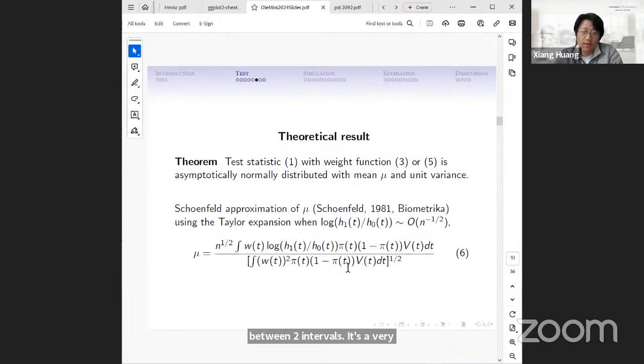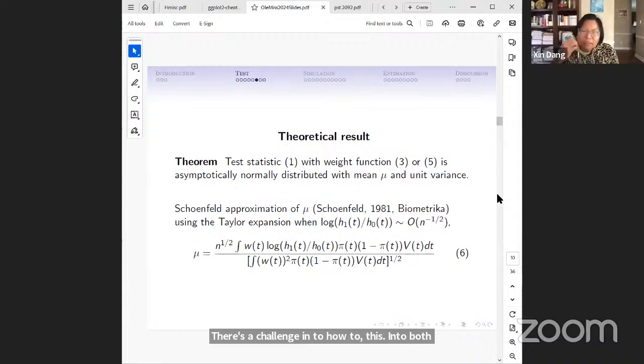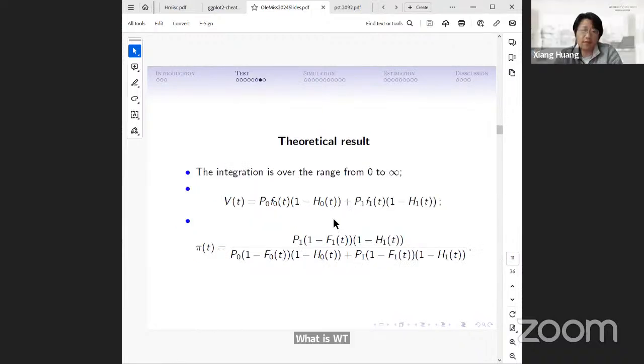In some simplified models, they could be calculated analytically, but if the model is very complicated, there's a challenge in how to calculate these integrals. What is VT in the formula? VT and pi-t are just further complicated expressions.